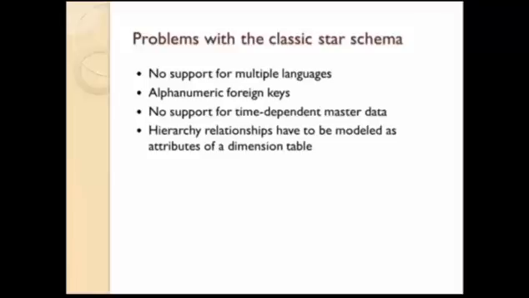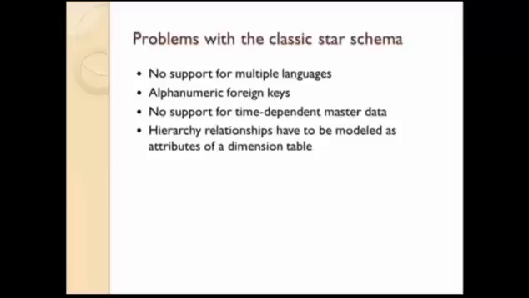As shown here, one, no support for multiple languages. Two is that you have alphanumeric foreign keys. Again, the foreign keys are the primary keys that are duplicated in the fact table.